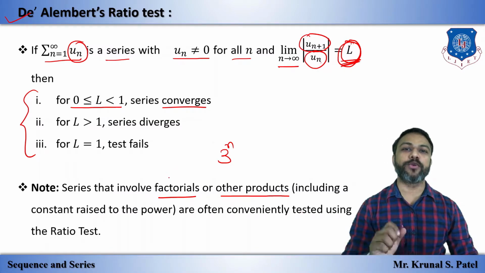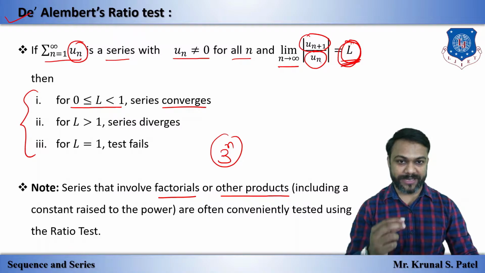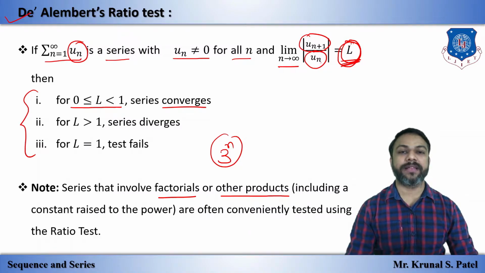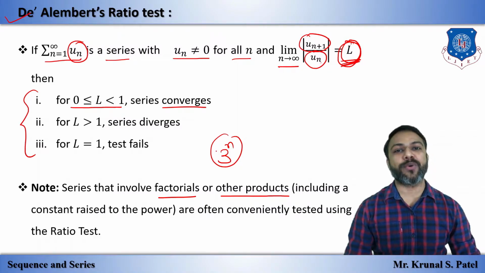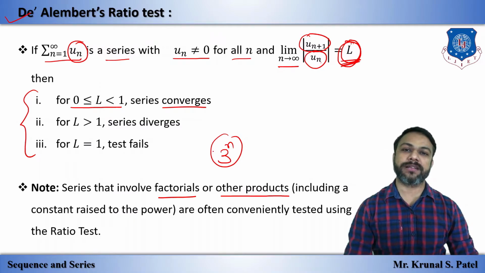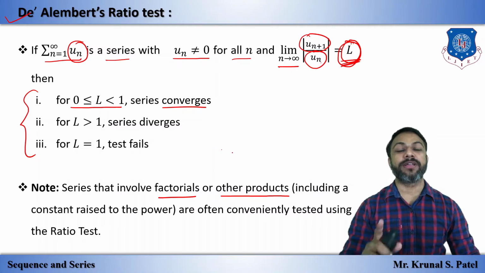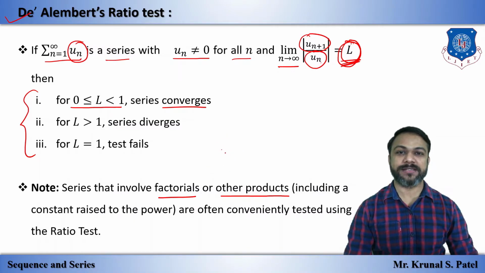So we have one clue: if you can see the factorial sign or 3 raised to something, then 99.99% in that case the ratio test can be applicable. So this is the clue for the ratio test.